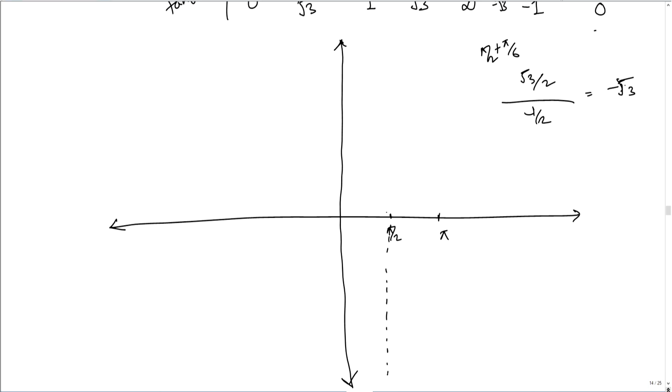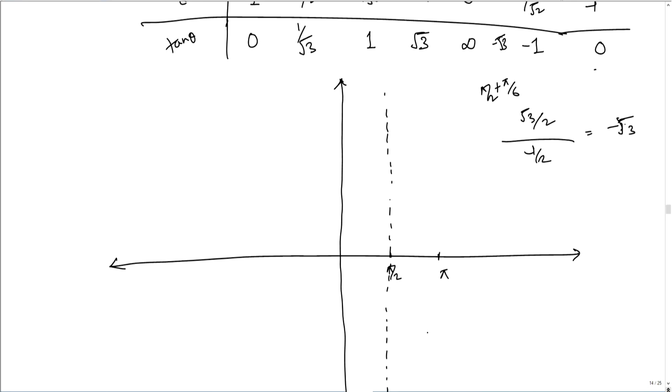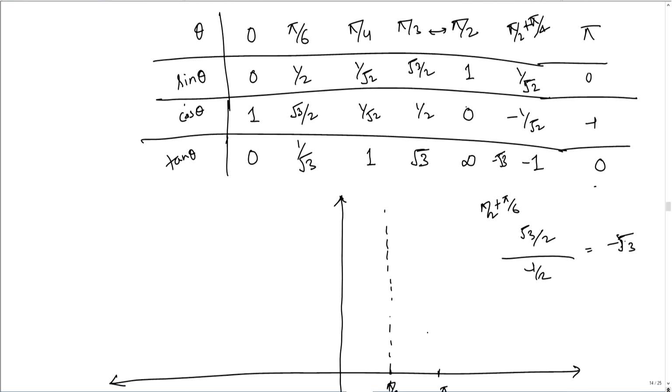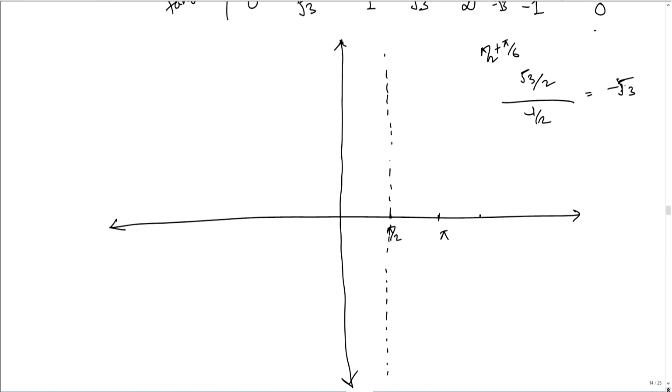I'm drawing this line because the function is undefined at pi by 2. The function is defined at pi, but it would be undefined again at 3 pi by 2.